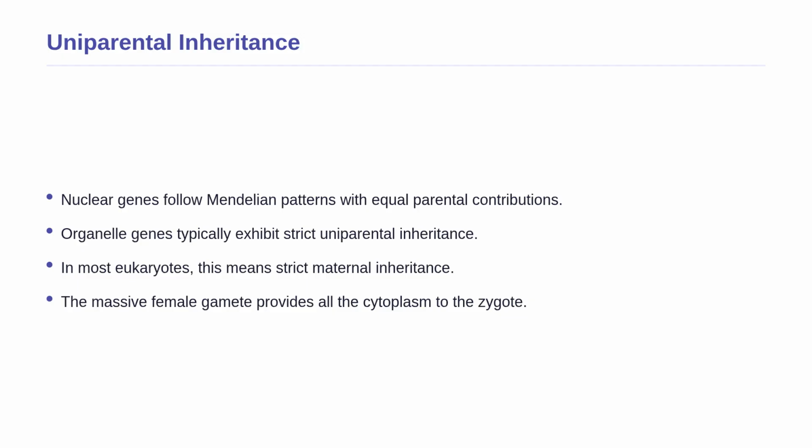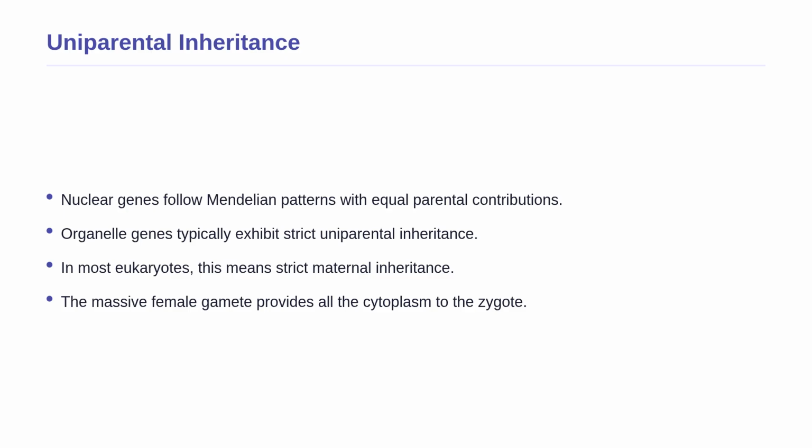Now that we know where these genes are located, how are they passed on? Unlike nuclear genes that follow standard Mendelian inheritance patterns with a 50-50 split from both parents, organelle genes play by different rules. They typically exhibit uniparental inheritance.